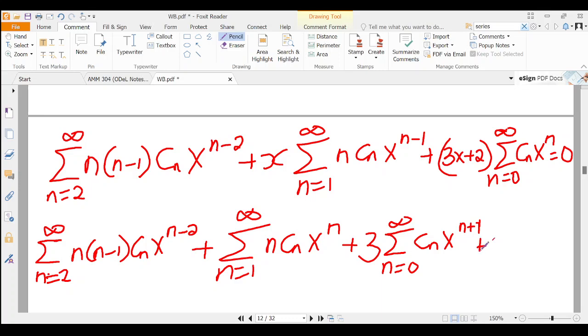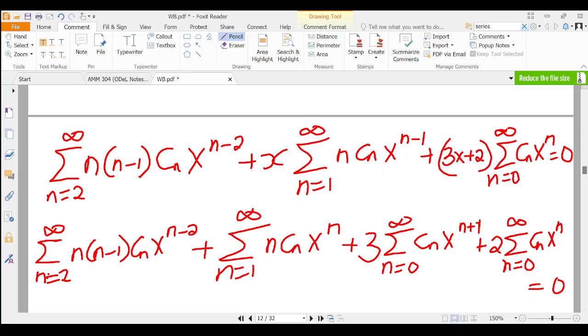Then plus 2, the sum from n equals 0 to infinity, Cn x raised to power n. And the result here is equal to 0.